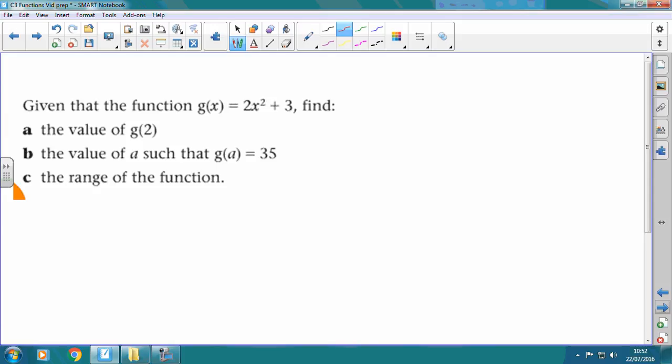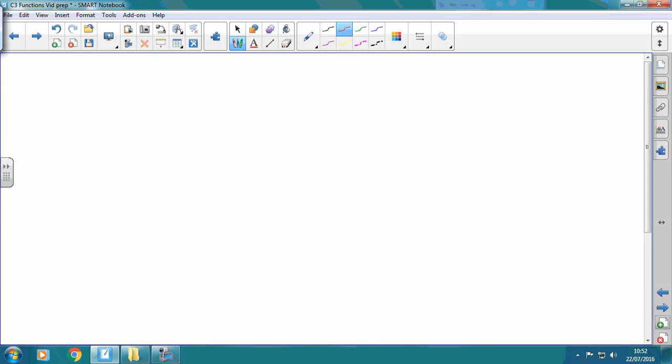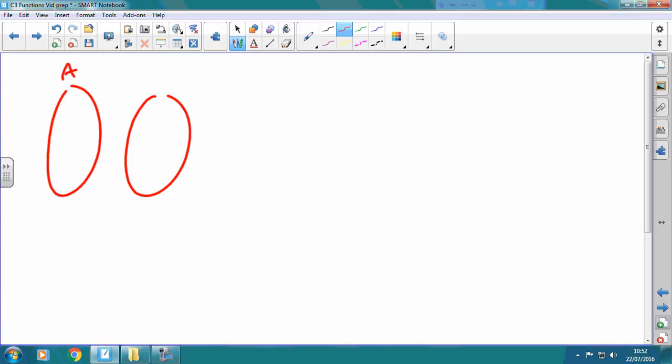Well, in fact, just before we have a look at the terminology, we'll have a look at something else, and that's how to remember what a function is. If we've got a domain A and a range B, and you've got one element mapping to one element, we call that a 1-to-1 function.